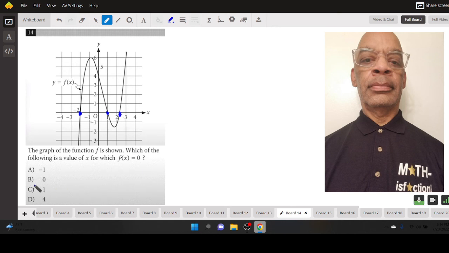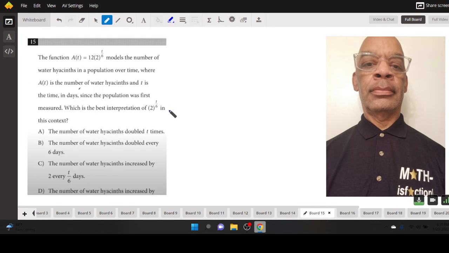It's not asking for factors, it's asking for values where the function equals 0. X equals 1 makes the function 0.